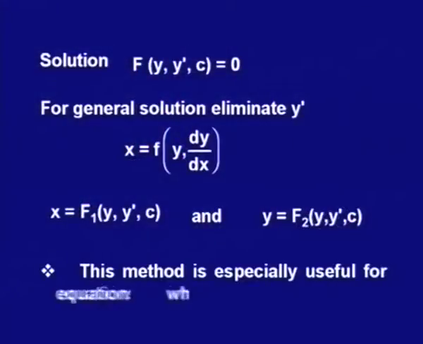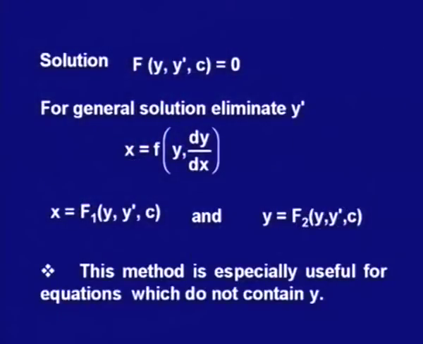That means we are getting two equations, one for x, another for y. Here we treat y dash as the parameter, and this we call the solution of the differential equation. This method is especially useful for equations which do not contain terms having only the term of y. So let us see how to solve it.